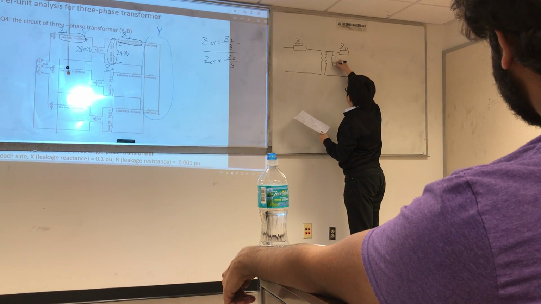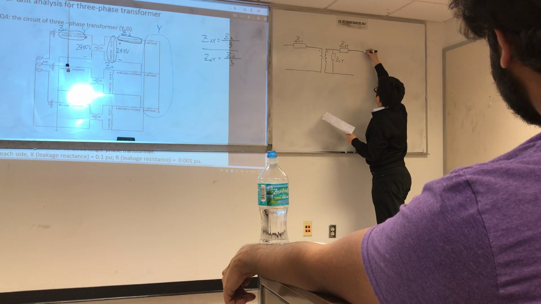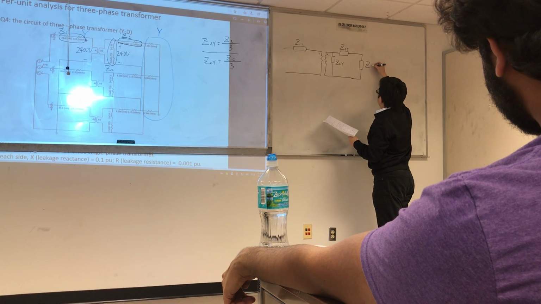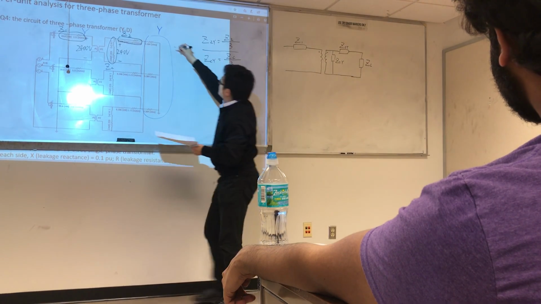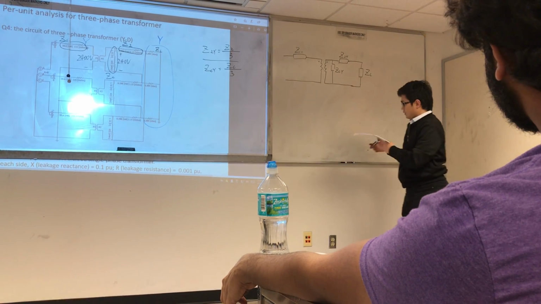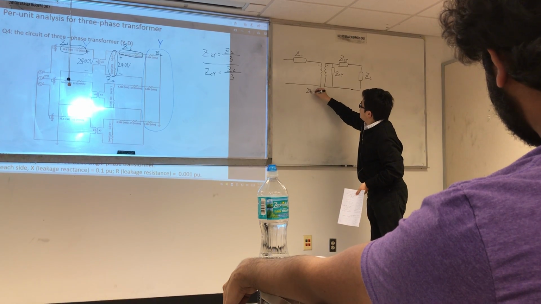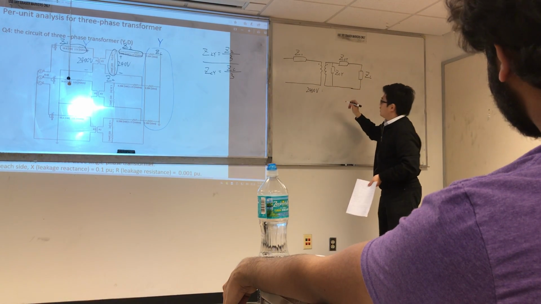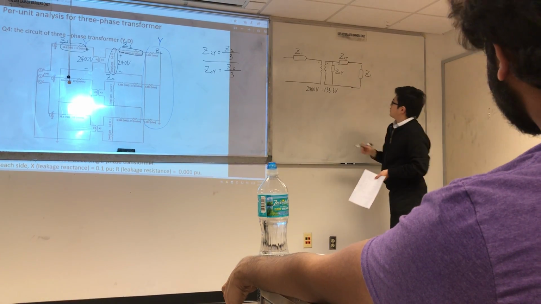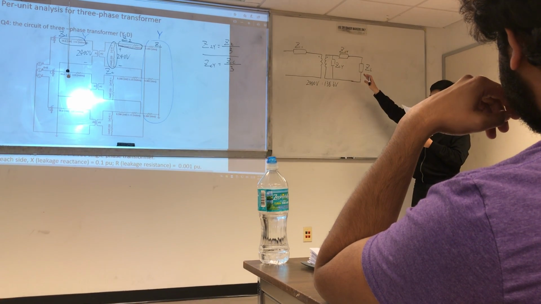And here is the ZCY. This one is your ZL, the Z load. Okay, so what's the ratio here? 2,400 over 138.6 volts. This is your single phase circuit.